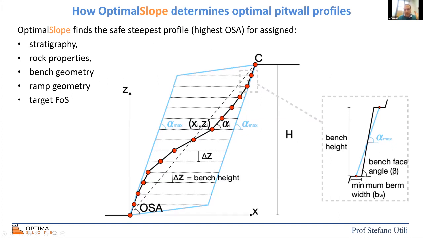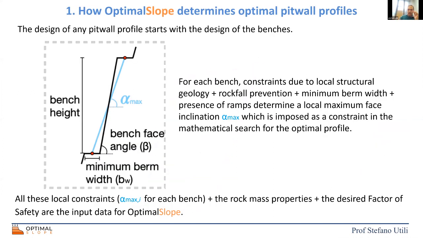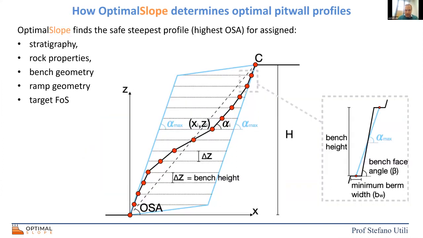Optimal slope means the shape that allows the highest overall slope angle, the steepest possible profile for an assigned stratigraphy. So clearly, we need to allow for different rock layers, rock properties, and a target factor of safety. Very importantly, the factor of safety is an input. So for any assigned factor of safety, the software will find the optimal shape.